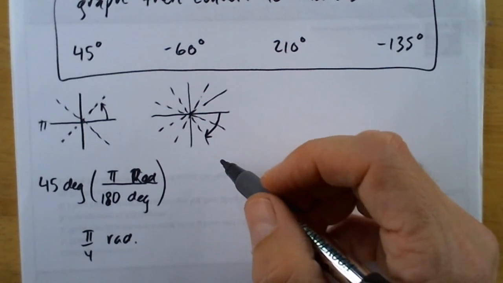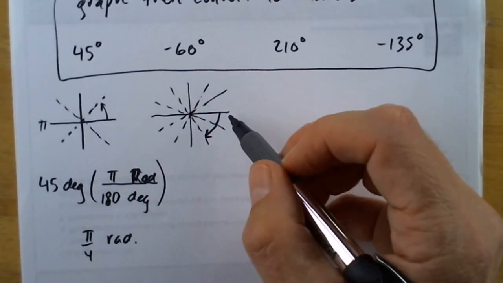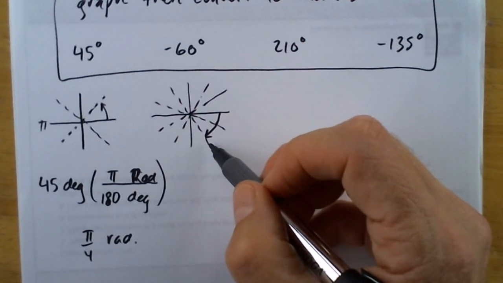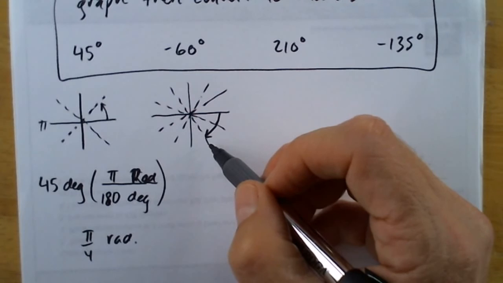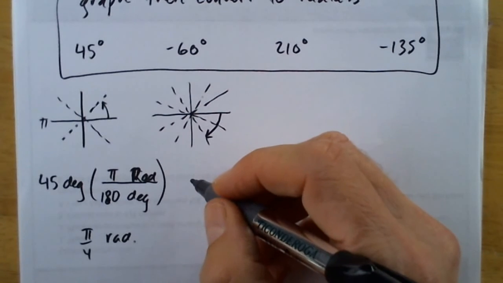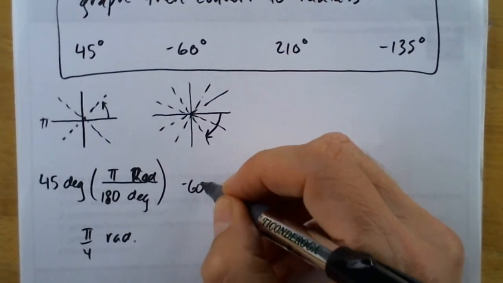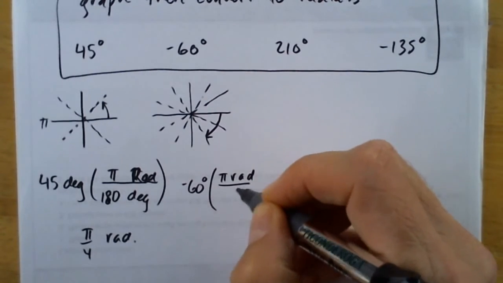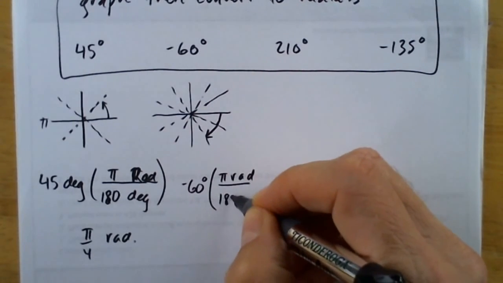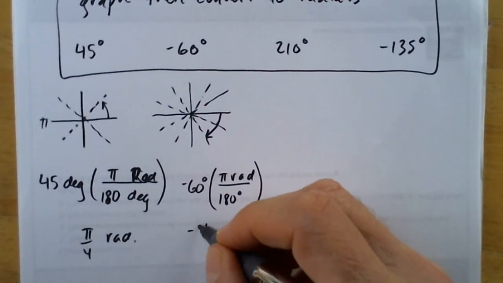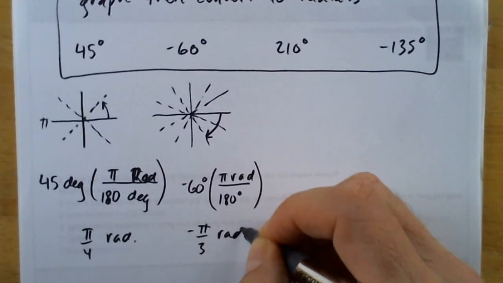We could convert it just from the picture, and that would be negative pi over 6, negative 2 pi over 6, or negative pi over 3. You could already see that it's going to be negative pi over 3. But the conversion would go like this. Pi radians over 180 degrees. And then we reduce that. We get negative pi over 3 radians.